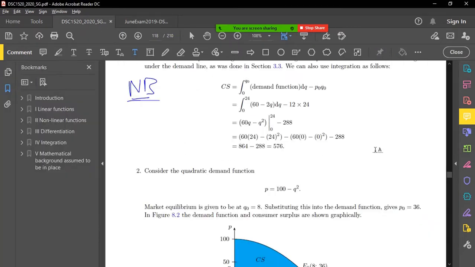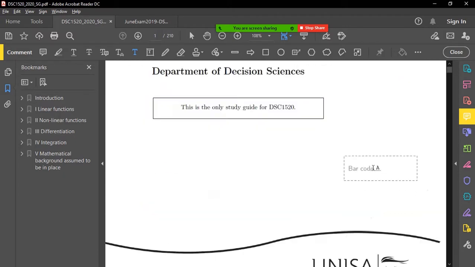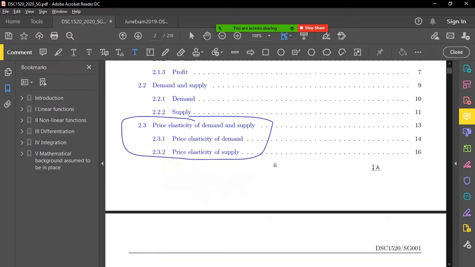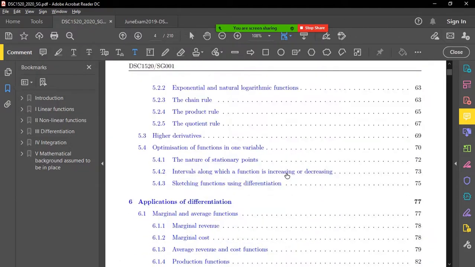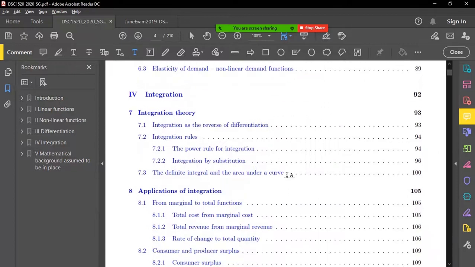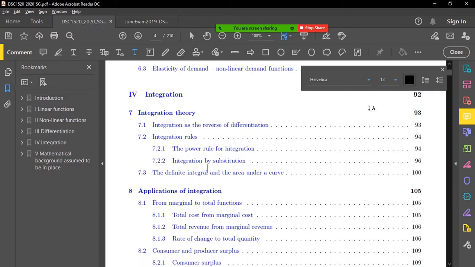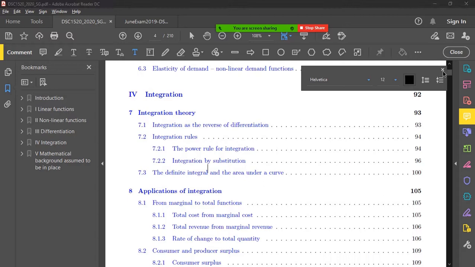Let's go back to this. Integration. Let me show you the function. Let's find it first here. Integration. There's substitution, page 96. Oh, I can't navigate with that.